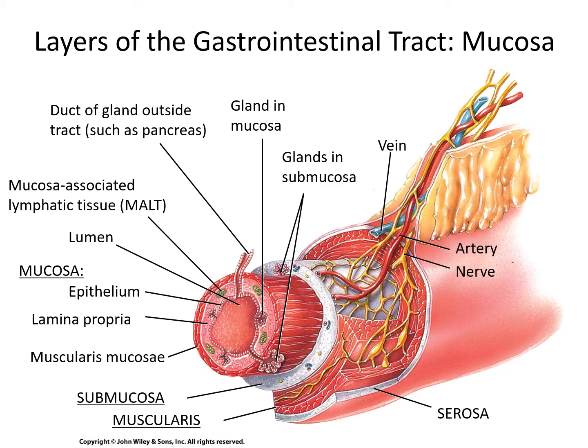Below that, we've got something called the lamina propria, and this connects to the basement membrane. It's connective tissue that just kind of holds things together. Below that, we've got a thin layer of involuntary muscle you have no control over, called the muscularis mucosae. This isn't responsible for peristalsis.